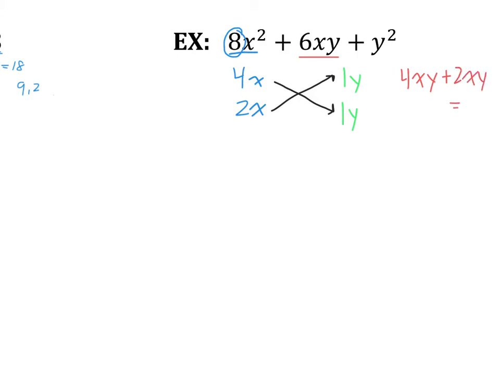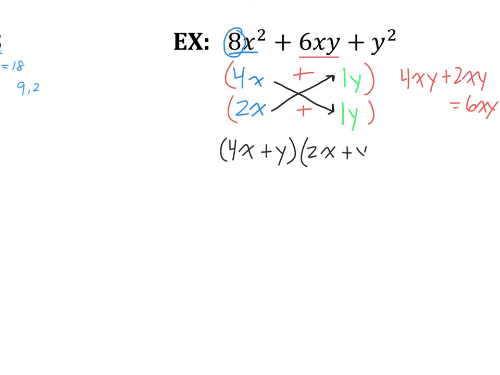We add those together, we get 6xy. So that's exactly what we want. So we can now group it, and I know it's got to be plus here because it's got to be a plus 6xy. So our two factors are going to be 4x plus y and 2x plus y.